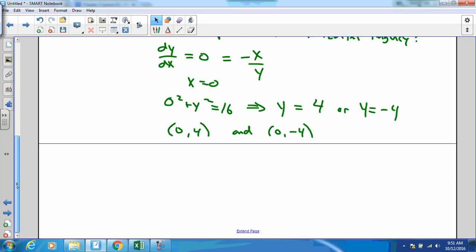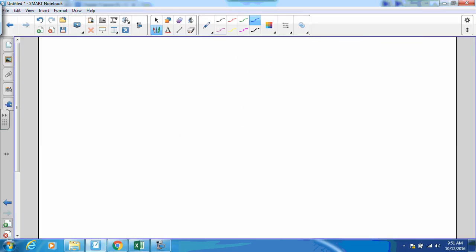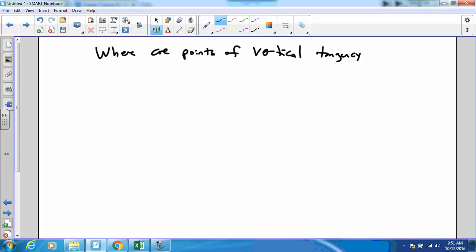Okay. Now we can ask a similar question. Where are the points of vertical tangency? What we're really trying to do is to find the places where dy/dx is infinite.